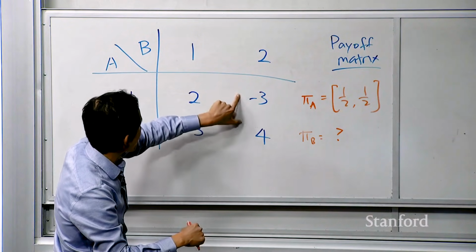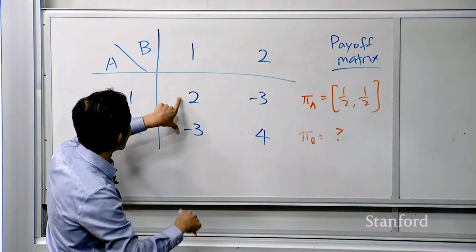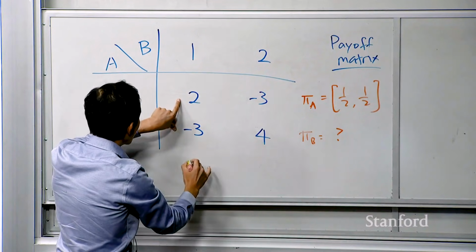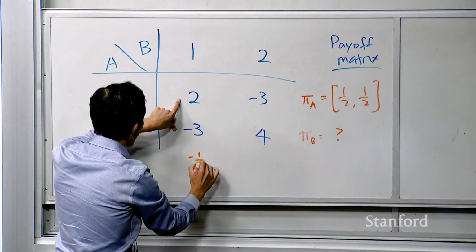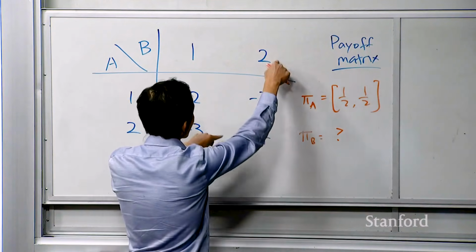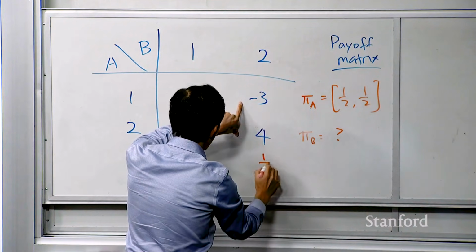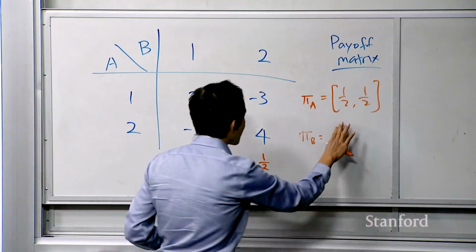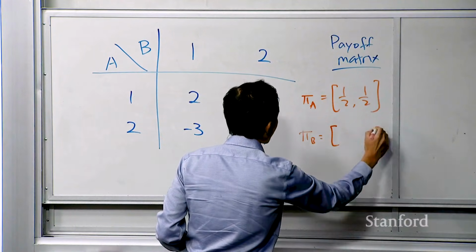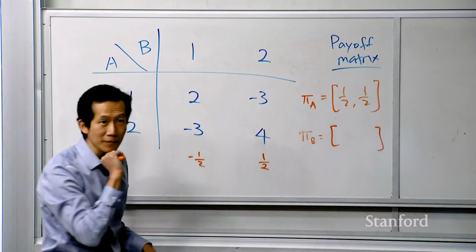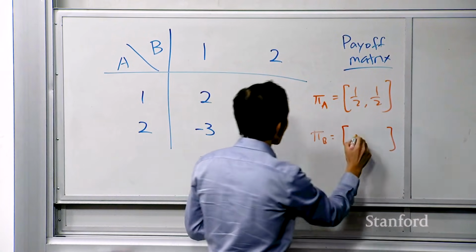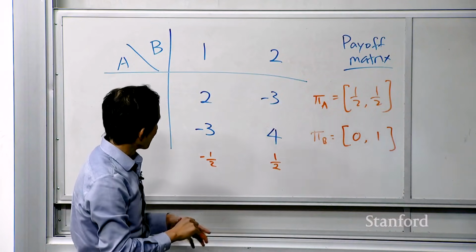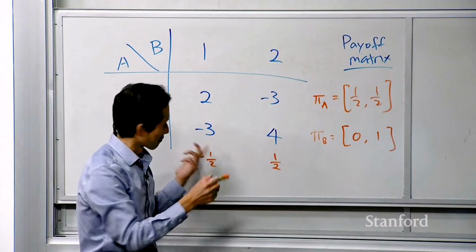Which means that if I play 1, I'm just going to get the average, and that's going to be minus 1/2. If I'm playing 2, I get the average, which is half. So what should the optimal pi B be? You should always play 2. So it should be 0 or 1. Okay? Because half is greater than minus half.